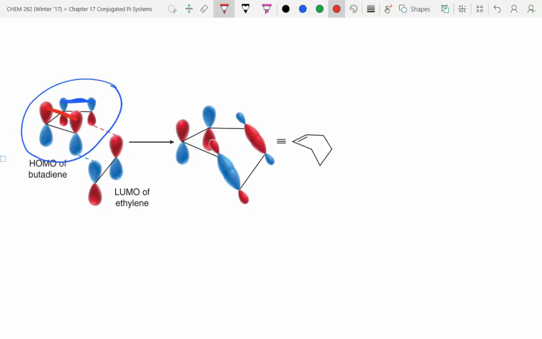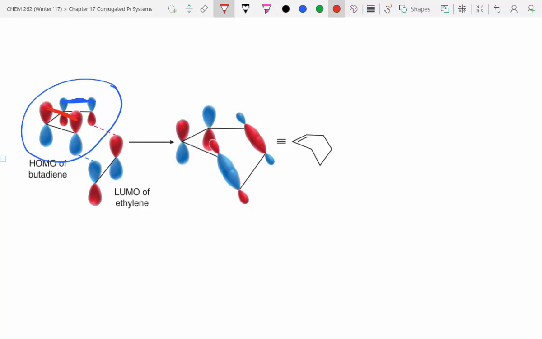In order to dock with our dienophile, we're going to do this on-top interaction. In order for it to stack correctly, your dienophile actually has to be in phase with the molecular orbitals on your diene. So in order for that to occur, you actually have to interact your LUMO of your dienophile with your HOMO of your diene, if that makes any sense.